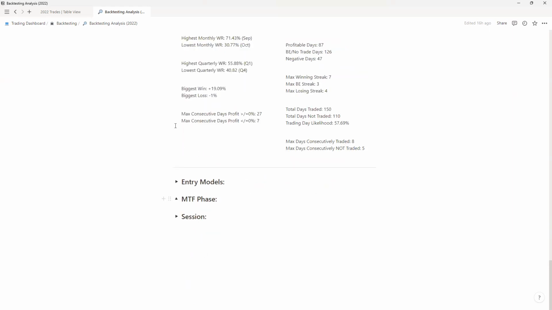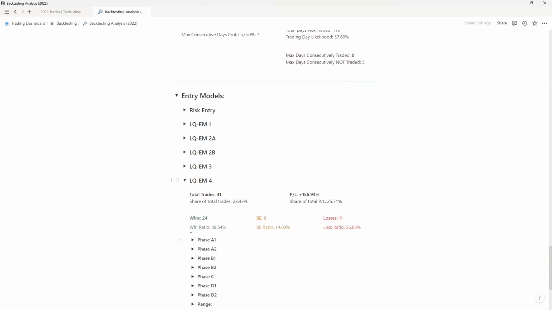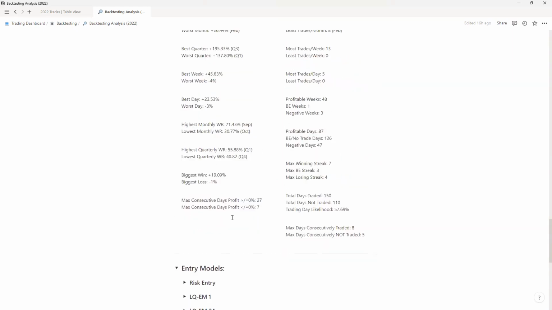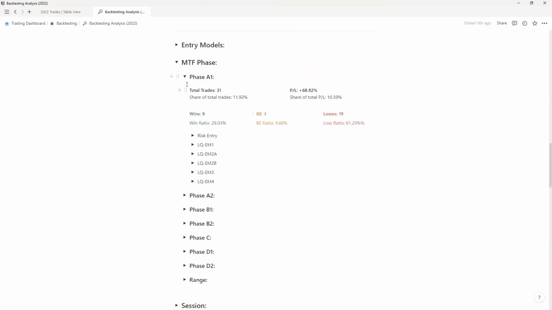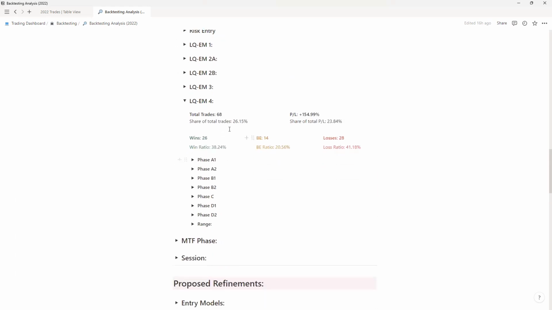Of course, you can do the exact same thing with your sessions, with your entry models. If we go into our liquidity entry models 4, which is, again, another one that I was focusing on quite a lot, and we will compare that to our pre-refinement analysis. You can see that we had 68 trades, a win rate of, oh no, sorry, that's not a win rate of 38.24%.